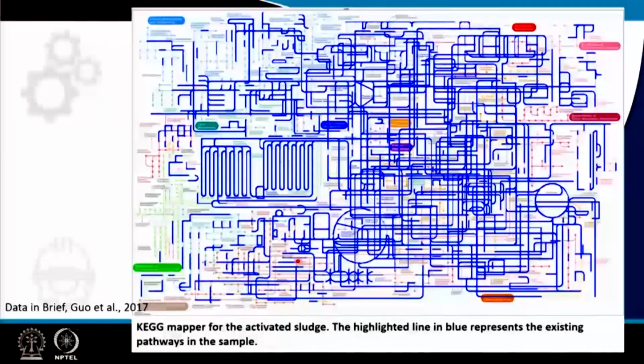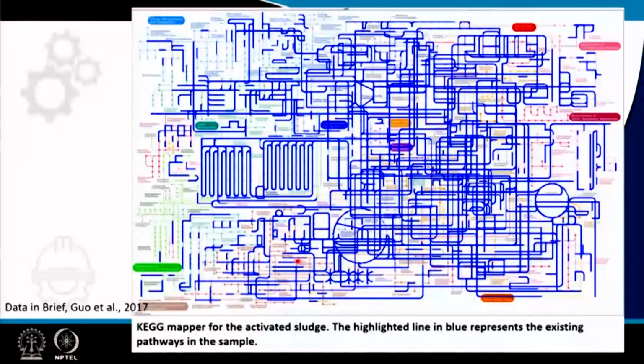So, like that, eventually if we want to map the entire process happening in this particular sample, this is called the KEGG mapper, which can provide us, based on the genes which are detected and their relative abundance, what metabolic processes are going on, and what is the overall nature. We are talking about systems level understanding.